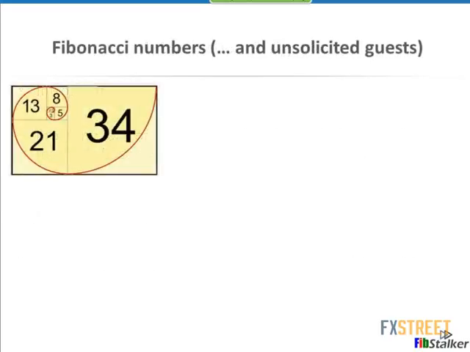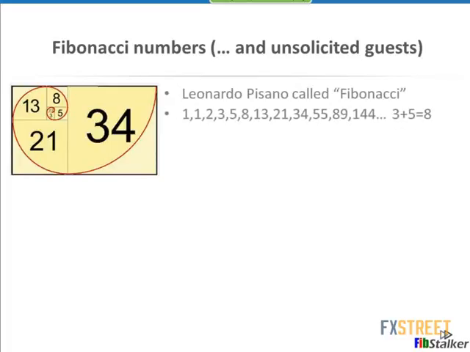I'm going to introduce Fibonacci numbers here, but I will take them for granted. I want to make some considerations on them. They were introduced or discovered by Leonardo Pisano, and we all know how they are calculated. Each number is the sum of the two previous numbers, so I'm not going to go into detail on this.